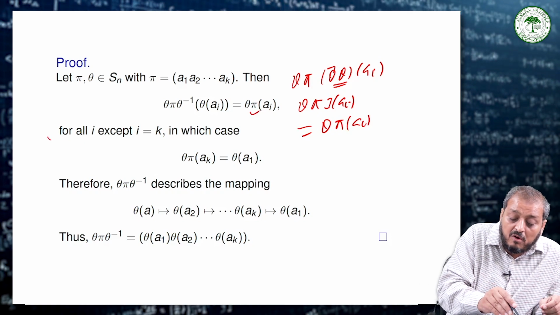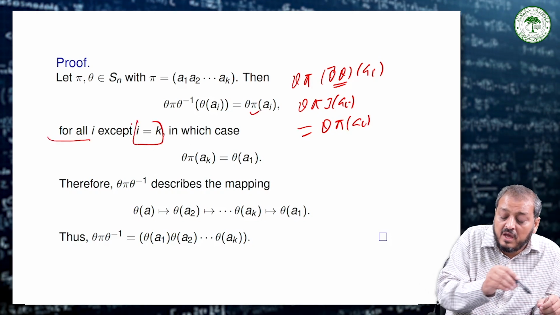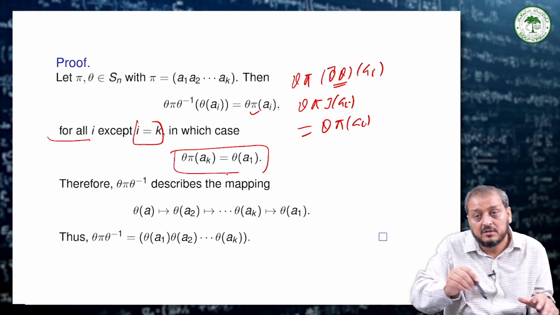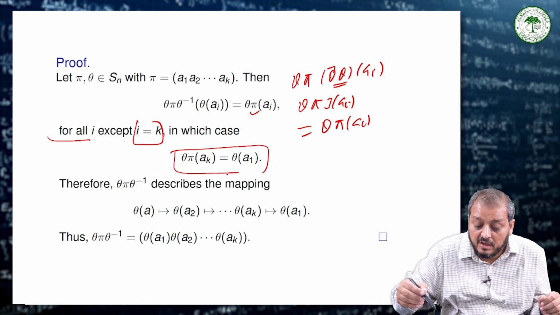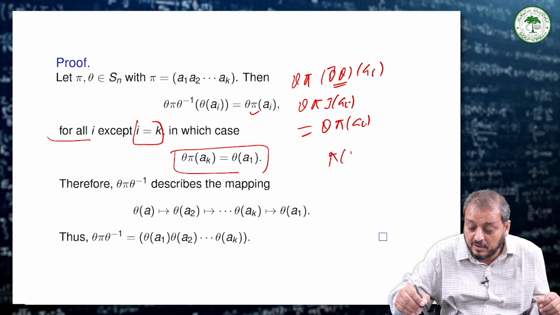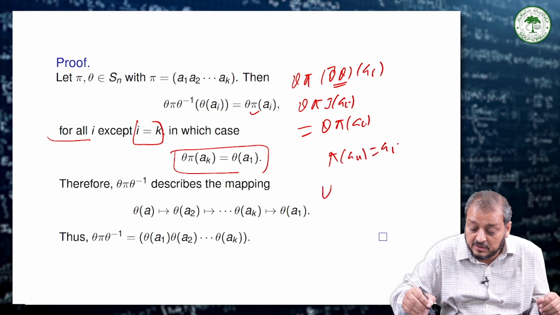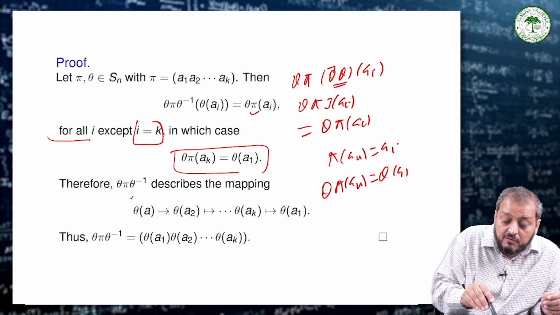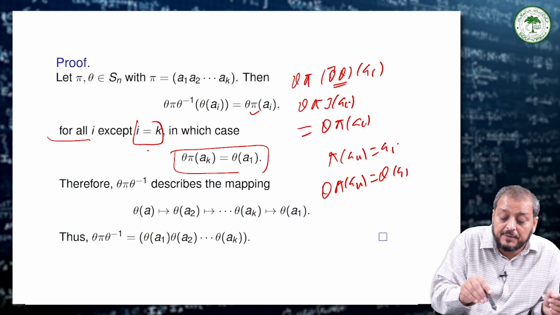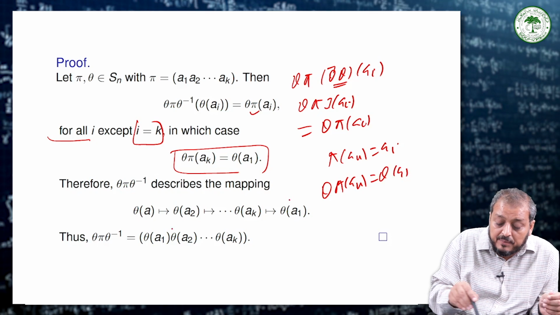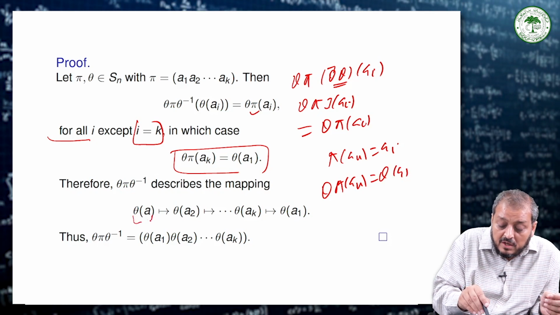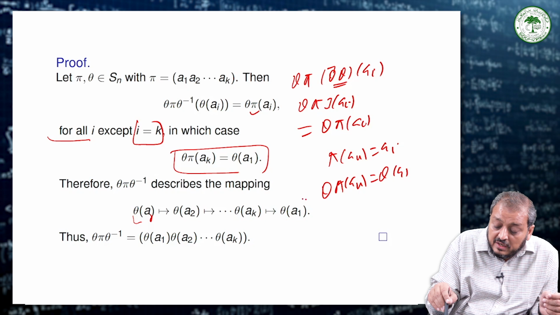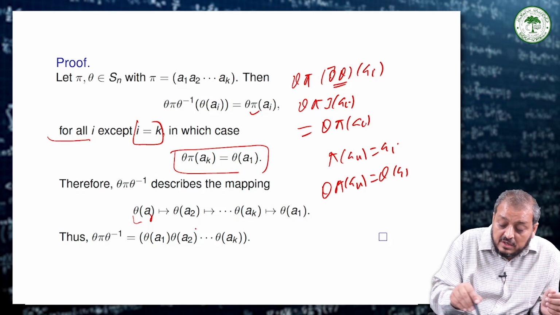This holds for all i except i equal to k. If i is equal to k, then theta pi of ak is equal to theta of a1, going back to the original, since we know that pi of ak is equal to a1. Therefore theta pi theta inverse describes the mapping theta a1 to theta a2, and so on up to theta ak, and then again back to theta of a1.